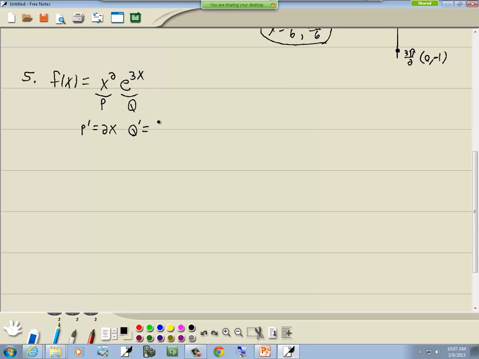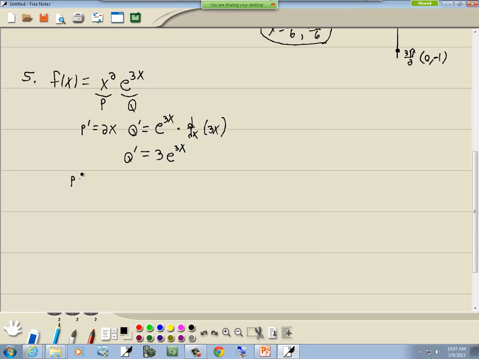The derivative of e to a power is e to the power times the derivative of the power. Chain rule. Well, again, the derivative of e to a power is e to the power. That doesn't change. Times the derivative of the power. Well, the derivative of 3x is 3. So we got 3e to the 3x.